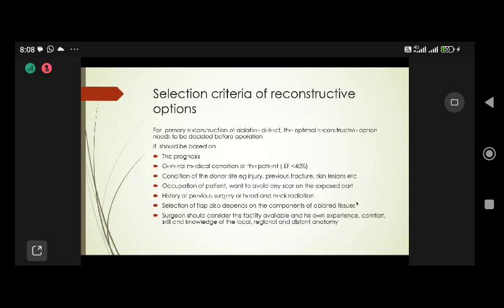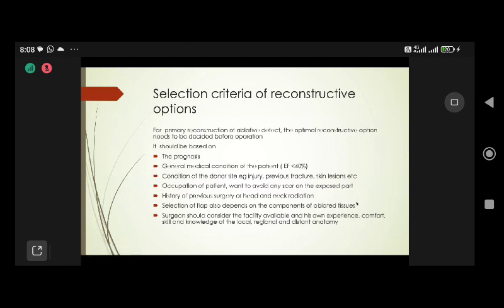Then the history of previous surgery or head and neck radiation. If the part from where we are planning to harvest the flap is irradiated, then we do not prefer that flap. Instead, we prefer a distant flap or free flaps, not the regional and local flaps.